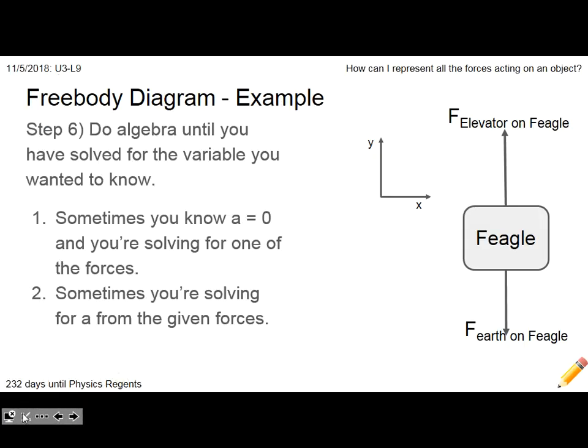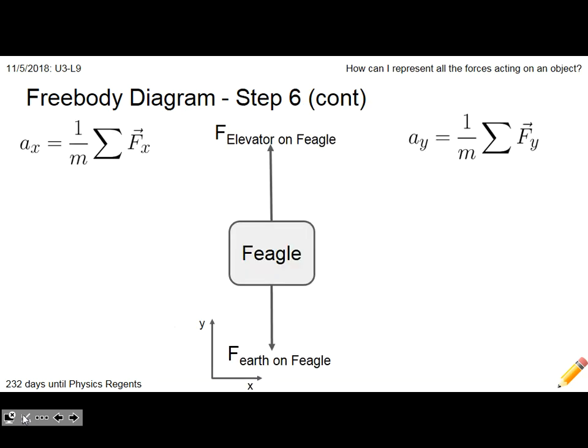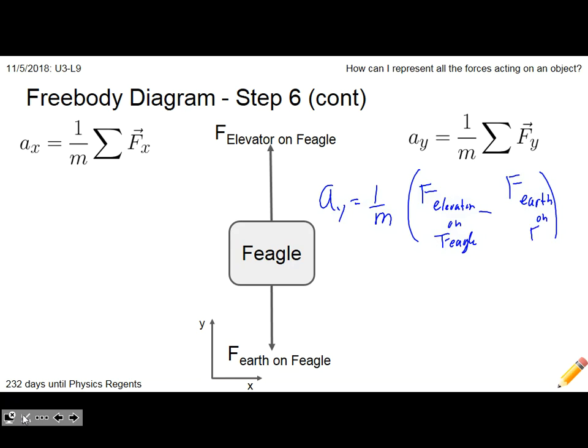And now I can finish the analysis in the y direction. It said, again, ay equals 1 divided by the mass, F elevator on Fiegel, minus F Earth on Fiegel. Okay, so that's what we had gotten to on step 5.